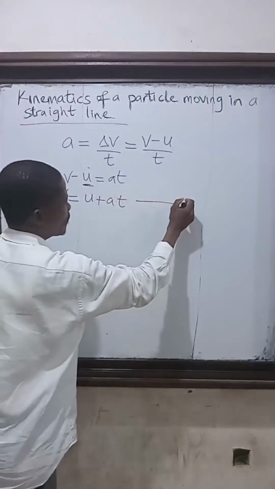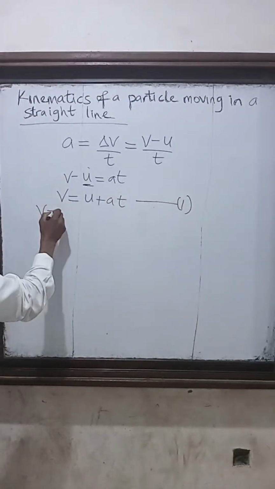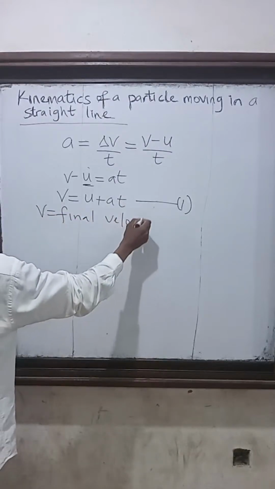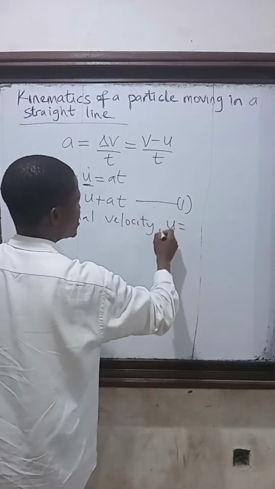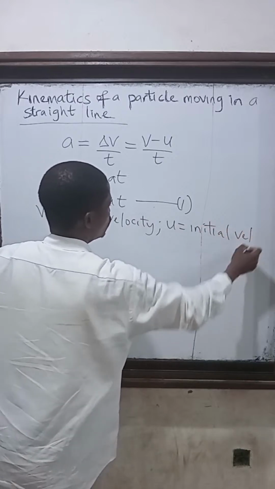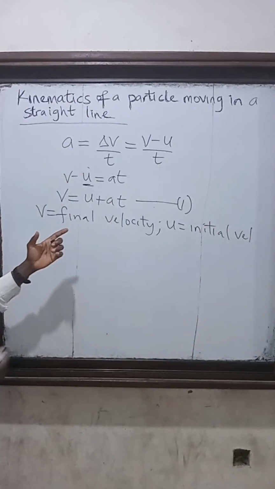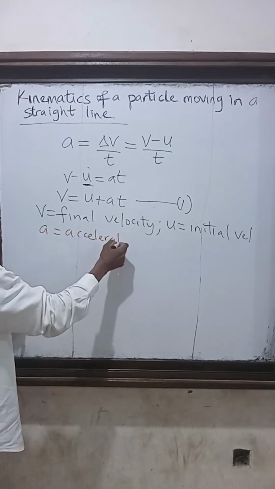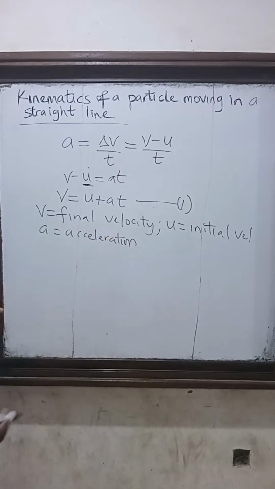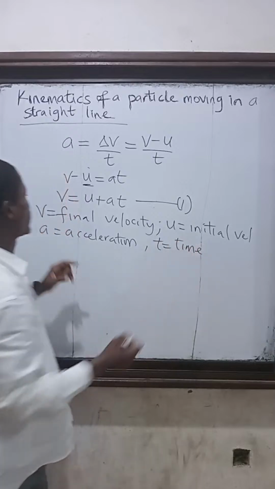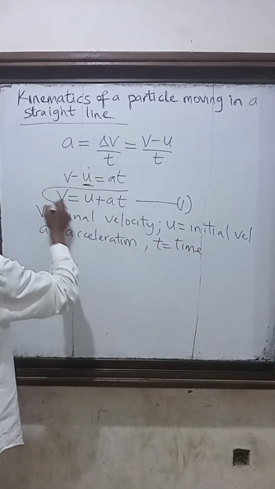That gives us the first equation of motion, where v is the final velocity, u is the initial velocity, a is the acceleration, and t is the time. So we've gotten the first equation of motion.